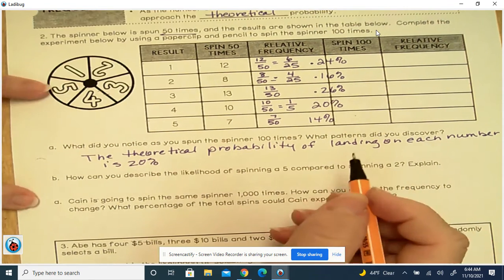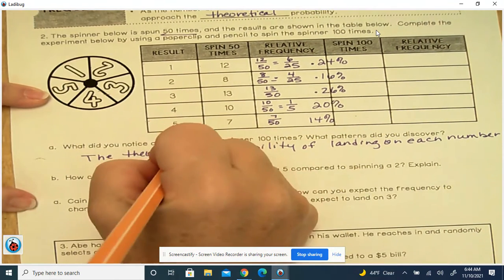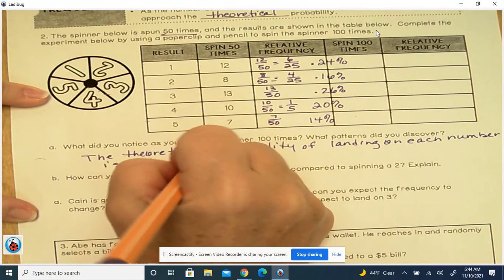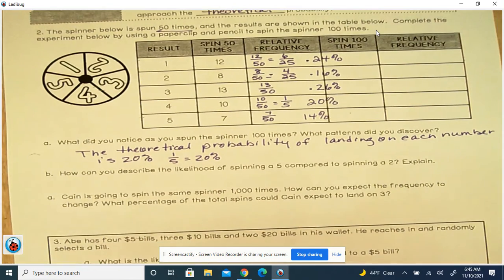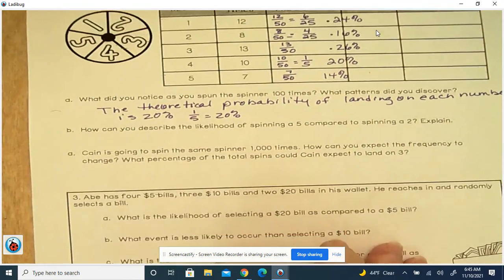We say that because there's 1 out of 5, and that's 20% for each one of them. And if you spun it 100 times, you should be near 20% as well.